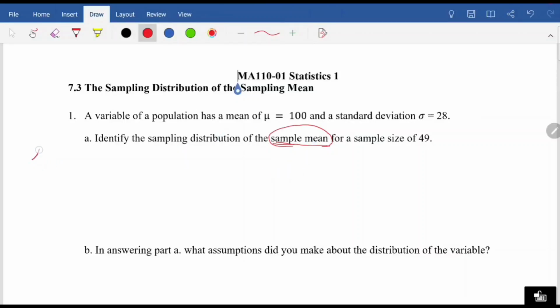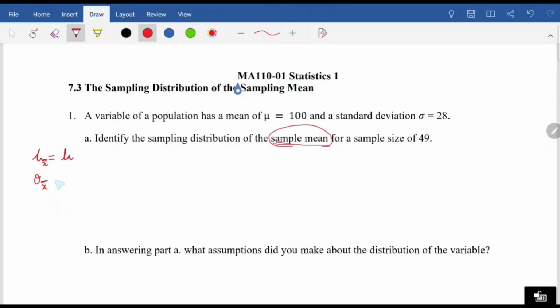Now, we said previously that the mean of all the sample means, denoted by mu sub x bar, is always equal to the population mean, irrespective of the sample size being used. And the standard deviation of the sample means is affected by the sample size we use.